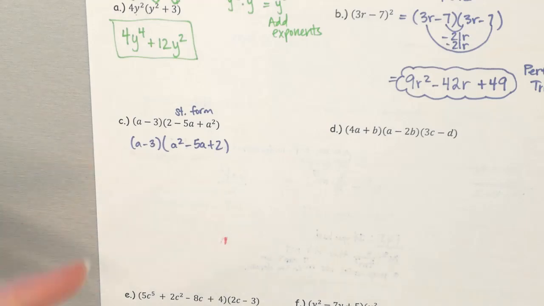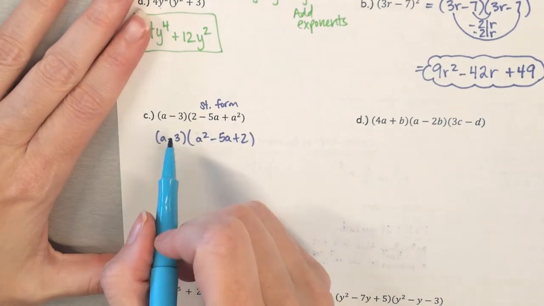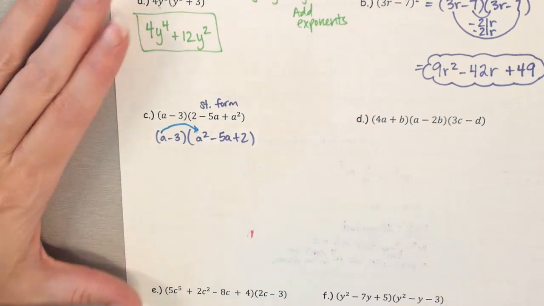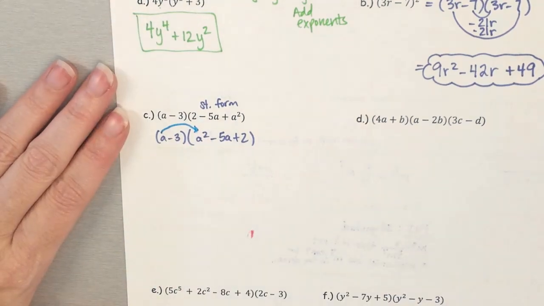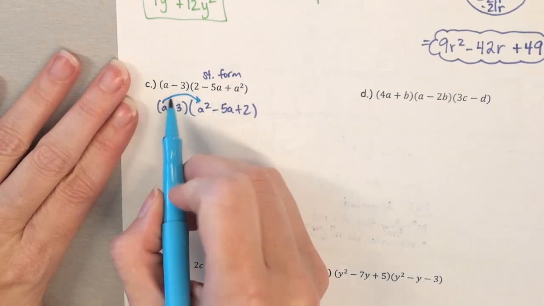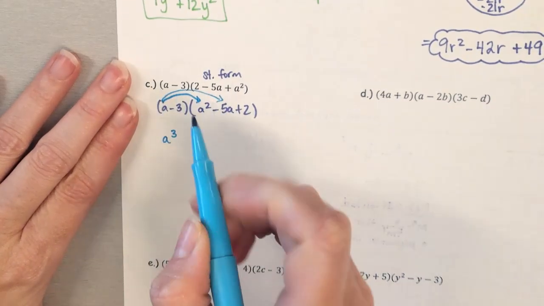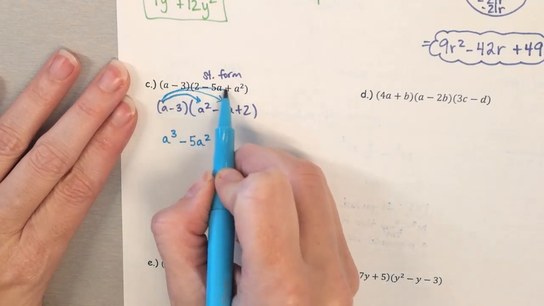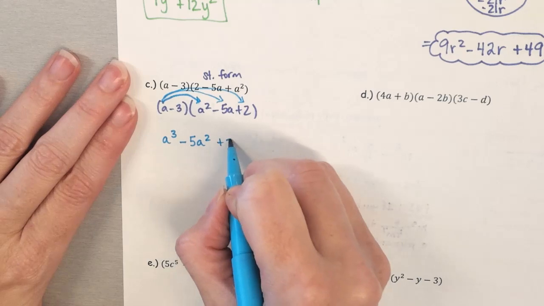If you don't do it now, you're going to have to do it at the end. So either way is fine. And then what you do is you distribute a to everything in the parentheses. So a times a squared is a cubed. A times negative 5a is negative 5a squared. And then a times 2 is 2a.